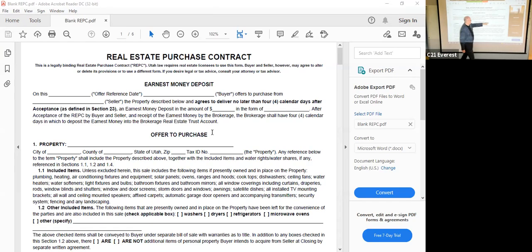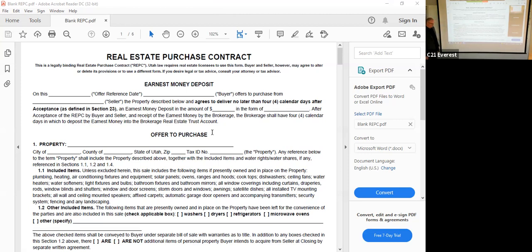So we come over to here. After acceptance of the REPC by the buyer and seller and receipt of the earnest money by the brokerage, then basically the brokerage shall have 4 calendar days to deposit the earnest money.